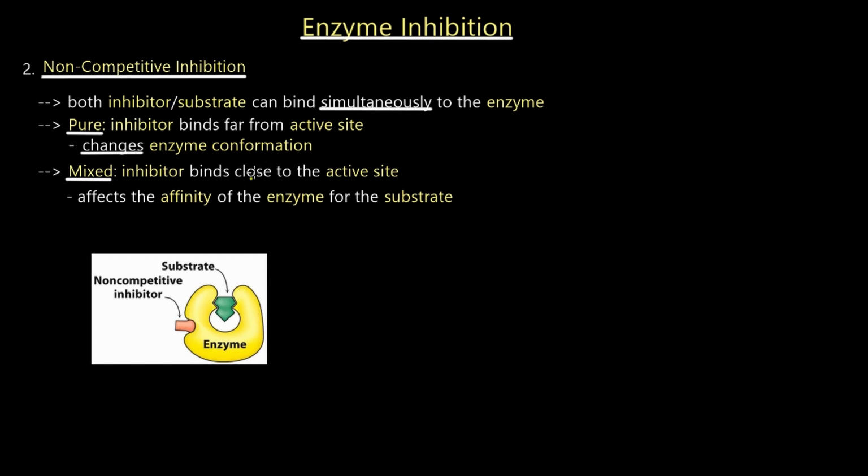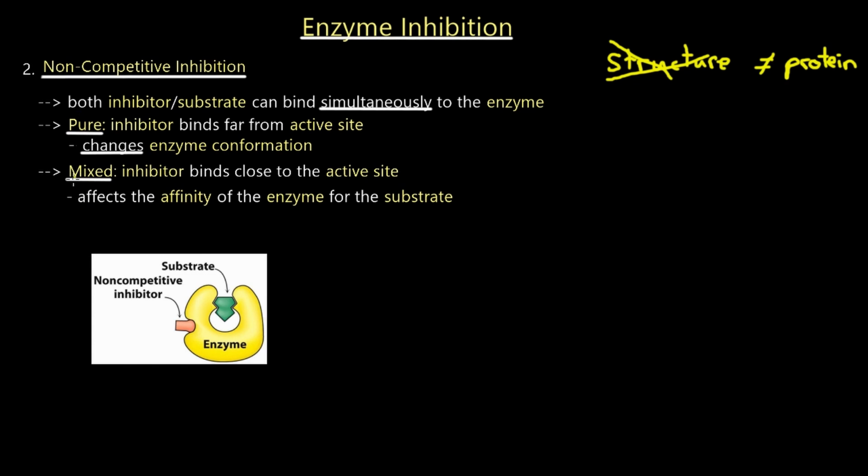And remember, enzymes are typically proteins, and proteins work with structure. So if structure is not there, the protein will not work. Right? So if it changes the enzyme conformation, it changes its structure, and typically the substrate would not be able to be converted to the product.